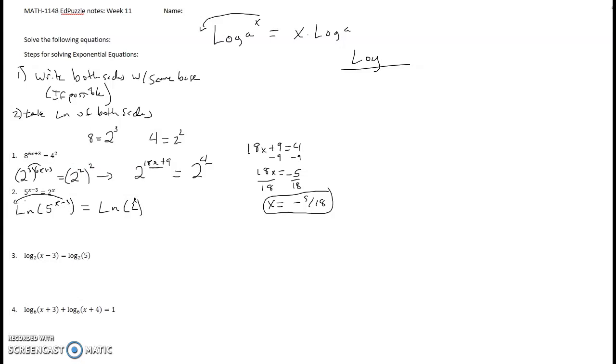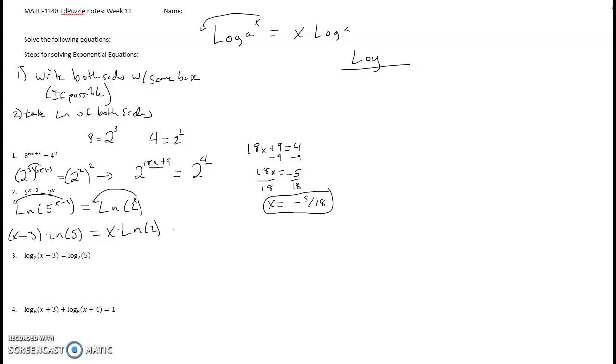I'm going to bring that out front, and it's going to become x minus 3 times ln of 5. I guess I don't need this parentheses right here. I'm going to get rid of that. My eraser. So this is just ln of 5 out here. And these two are multiplied. And then that's equal to, again, I have this x up here I can bring out front, and that gives me x times the ln of 2.